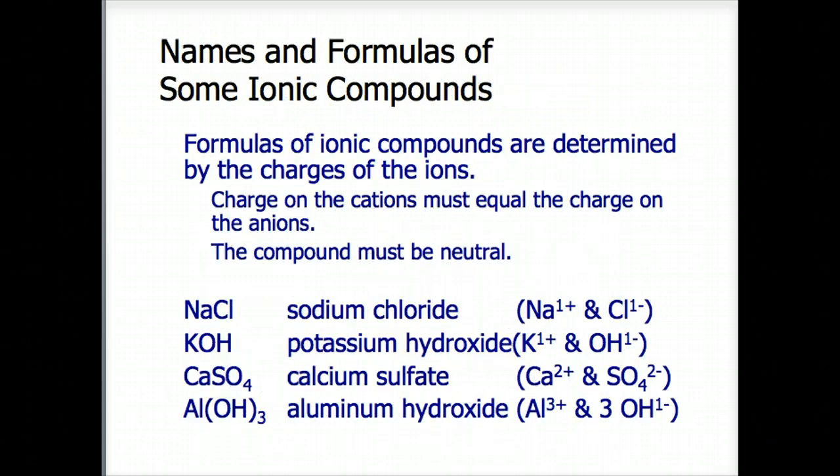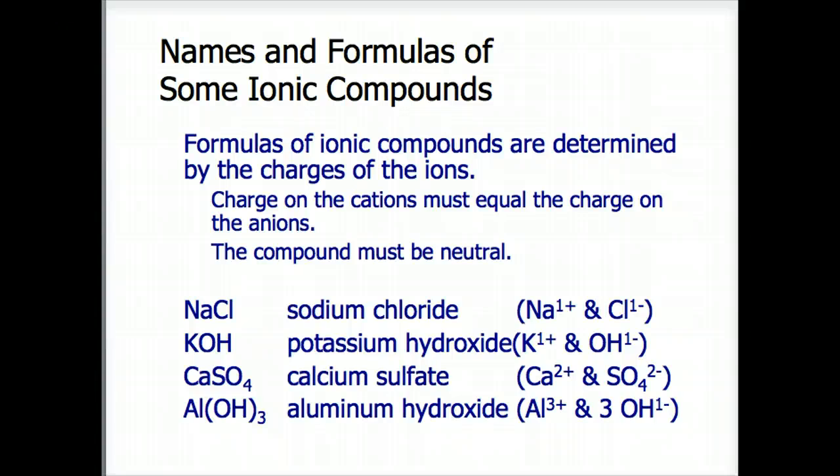Okay. So we've done the names. Now we need to look at how we got those formulas from those names again, just to make sure that it's all clear. Sodium has a +1 charge and chlorine has a -1 charge, and so it's very easy to see that one sodium and one chlorine, one positive and one negative, go together so that the charges are equal. Sodium chloride. Same thing with potassium hydroxide, which is OH -1 and potassium +1.